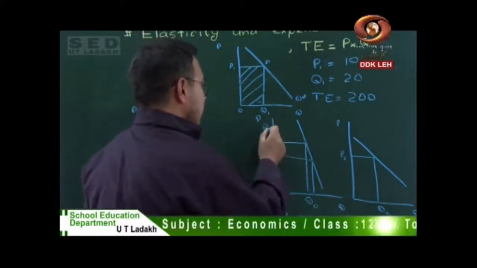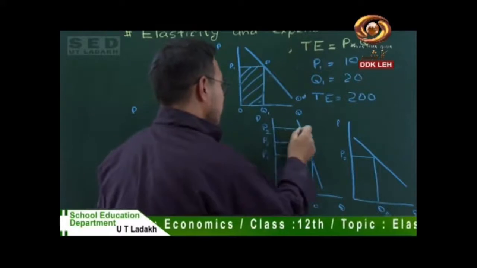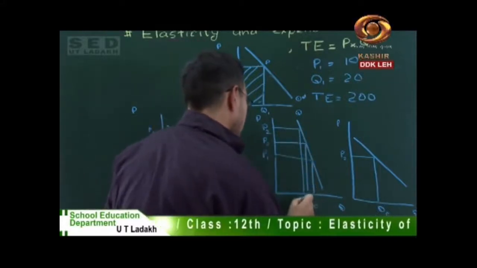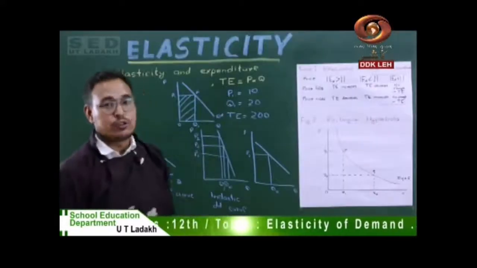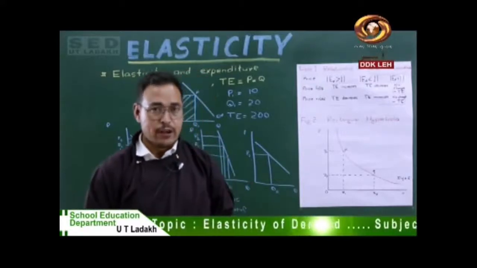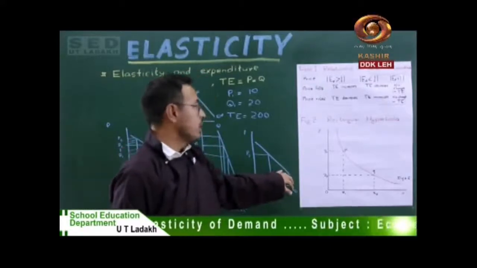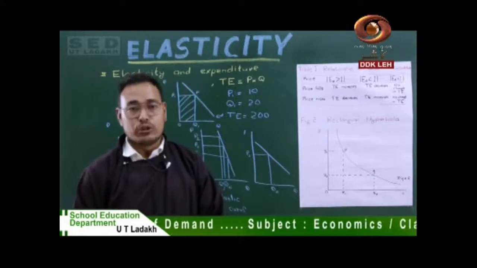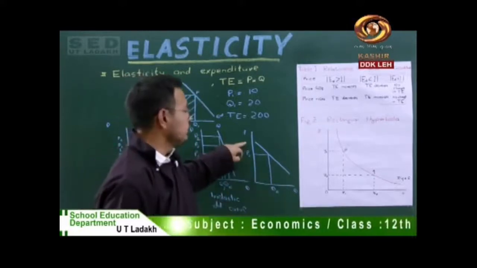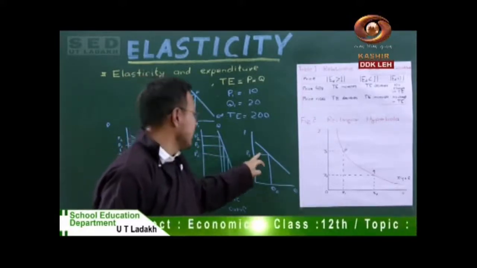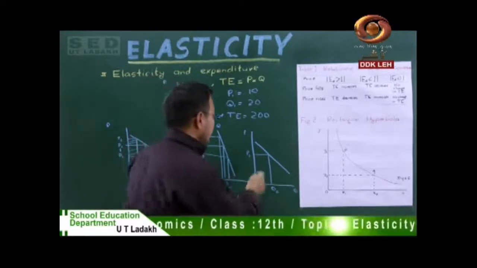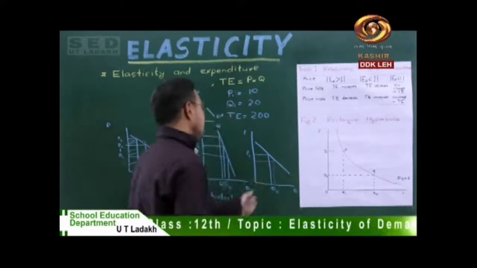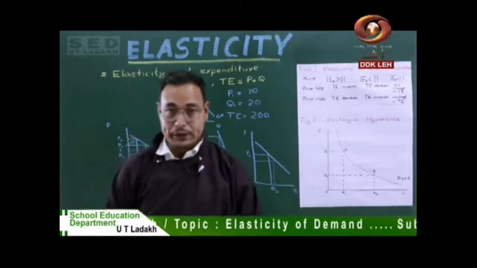And if there is a rise in price, P2, your area or total expenditure also increases. But in case of a unitary demand curve, there is no change in total expenditure. Even if you increase your price or decrease the price, the area of the new rectangle will be similar.